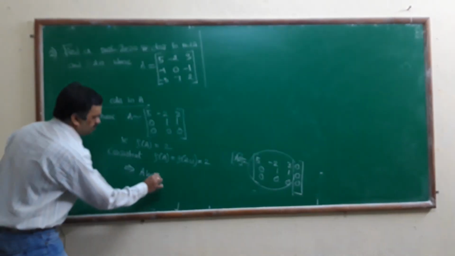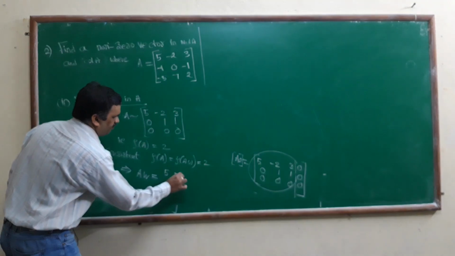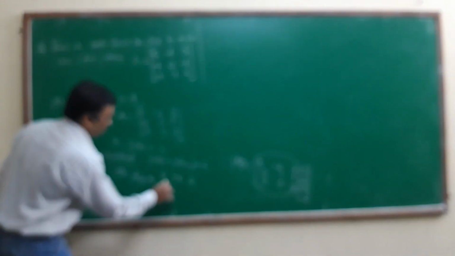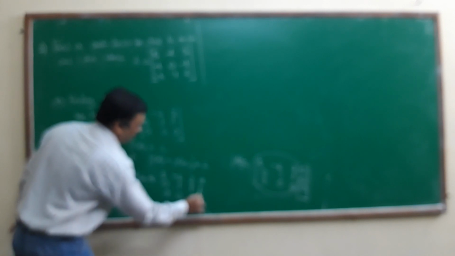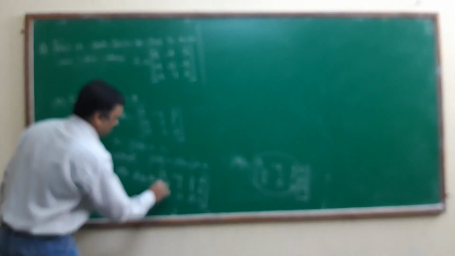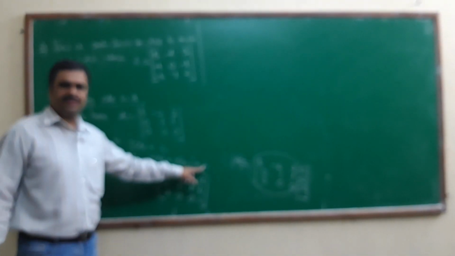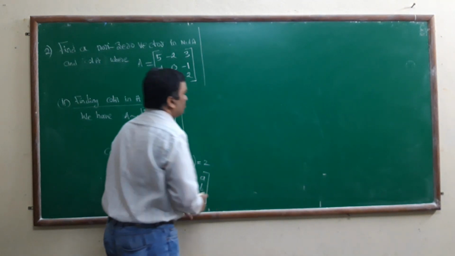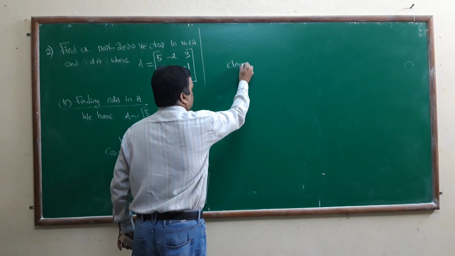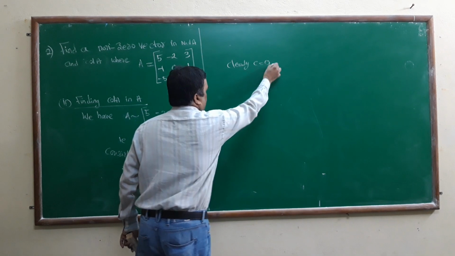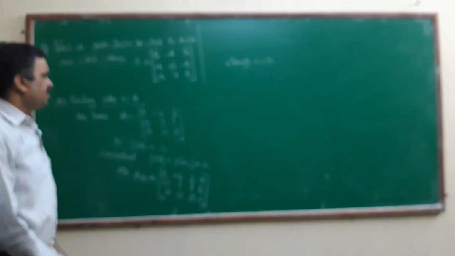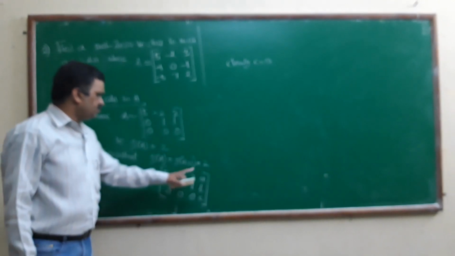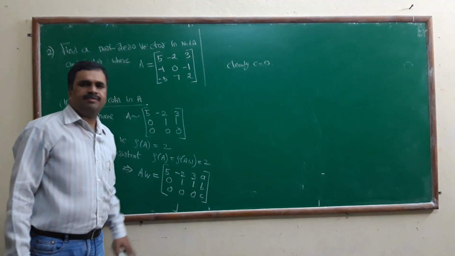Aw is equal to, already A we have, 5 minus 2 3, 0 1 1, 0 0 0. w is a, b, c. For example, you consider a, b, c. We have to get rank 2. So obviously c value is 0. In order to get rank of Aw equal to 2, you can write any values for a and b.